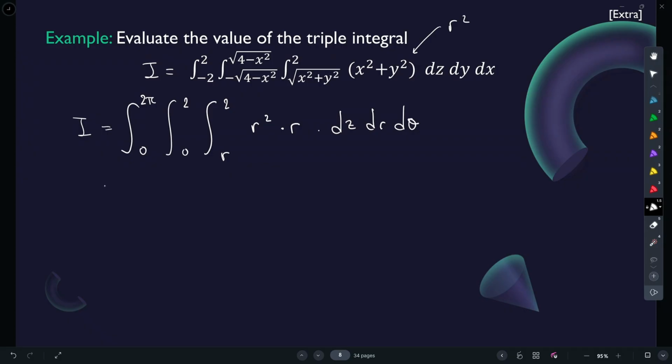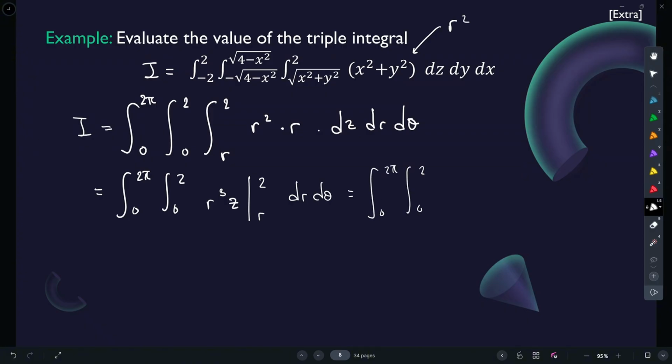And now I can integrate. This is 0 to 2 pi, 0 to 2. This is r cubed. I'm integrating first with respect to z, so this is just r cubed times z between r and 2, dr, d theta, which is the integral of r cubed times (2 minus r), dr, d theta.